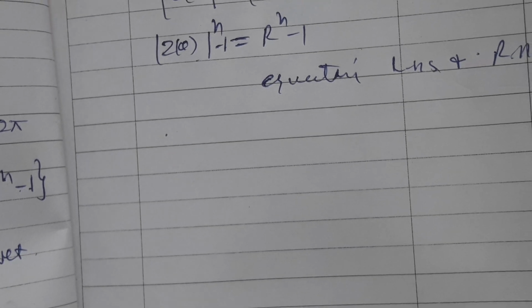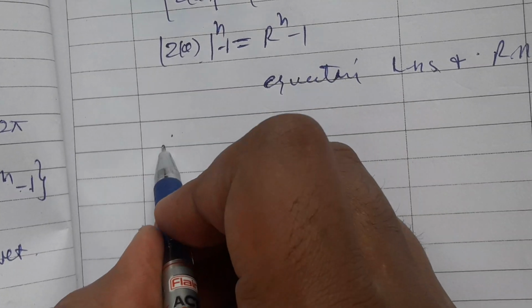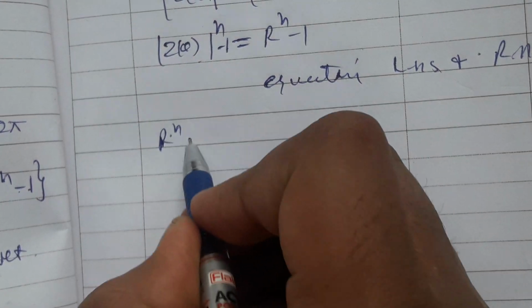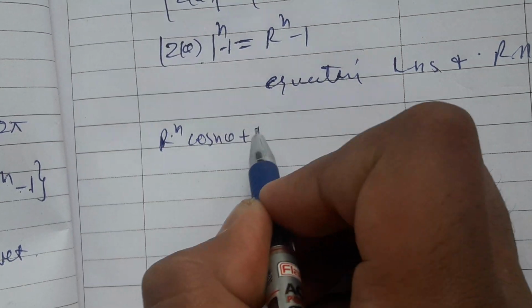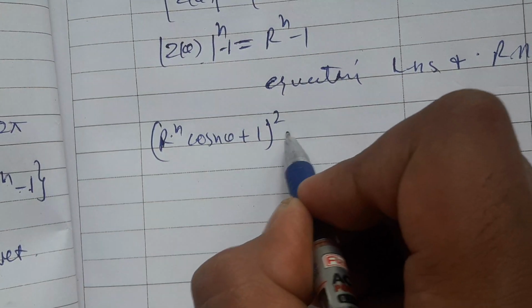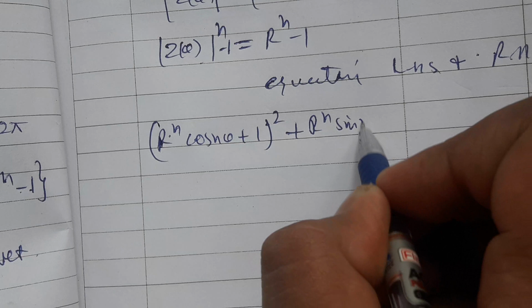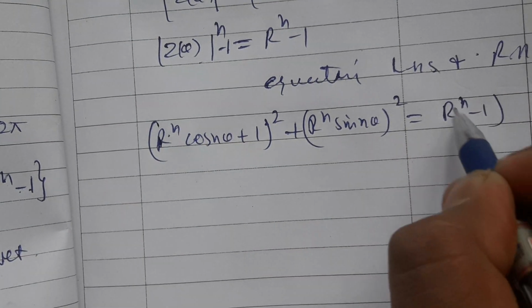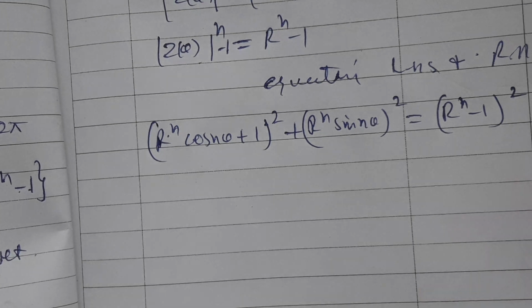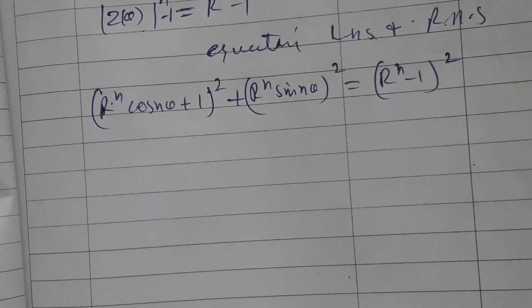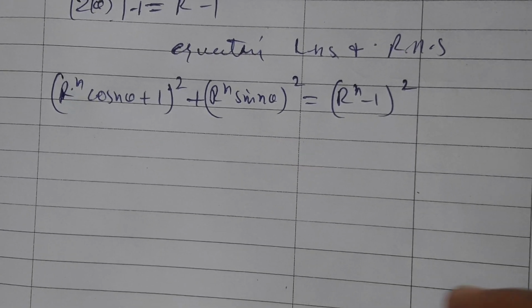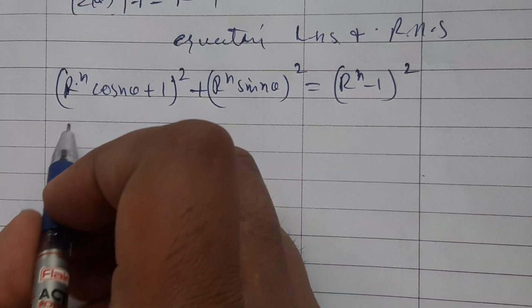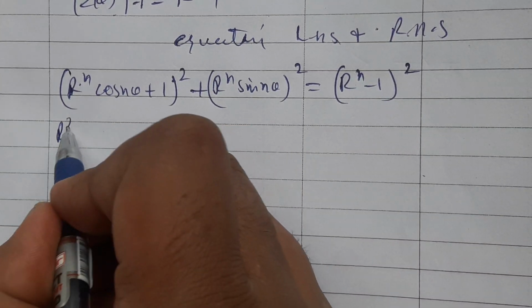So what do I get? Rn cos n theta plus 1 to power 2 plus Rn sin n theta to power 2 equals Rn minus 1 to power 2. So this is my whole solving.